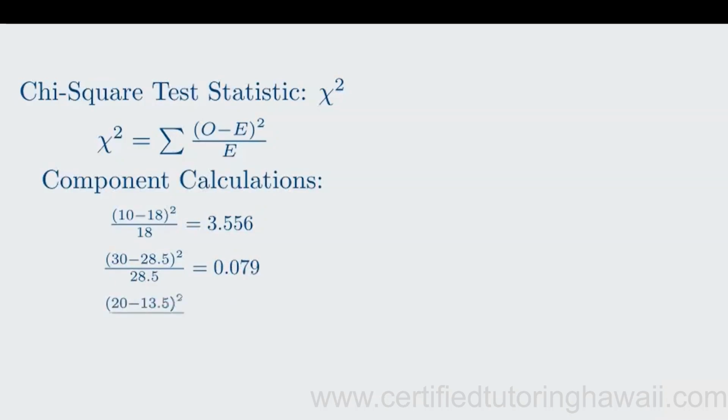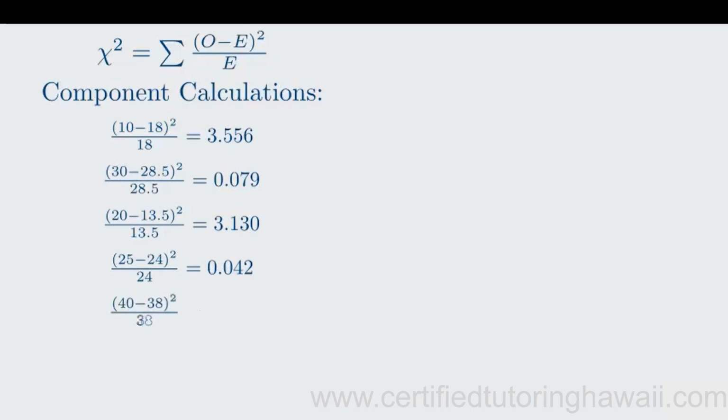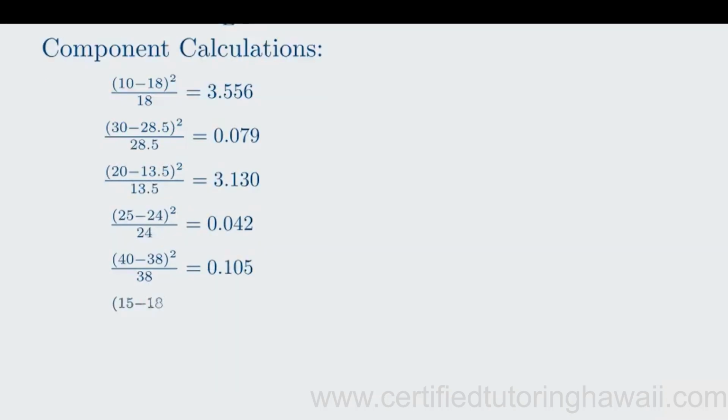Cell 3 is (20 minus 13.5) squared divided by 13.5, which is 3.130. Cell 4 results in 0.042. Cell 5 gives 0.105. And cell 6 results in 0.500. Finally, cell 7 is 2.722, cell 8 is 0.430, and cell 9 is 0.907.